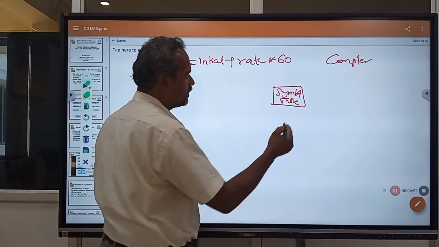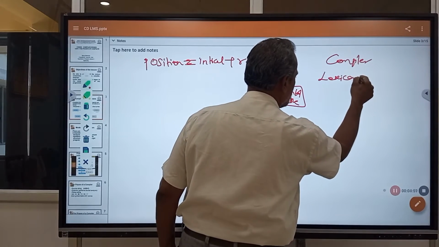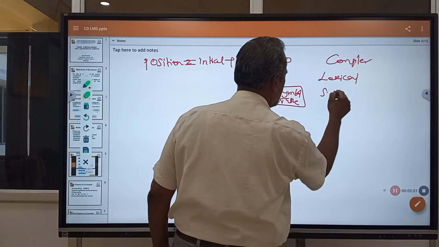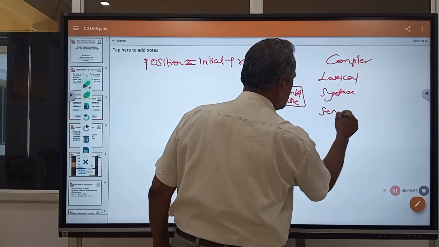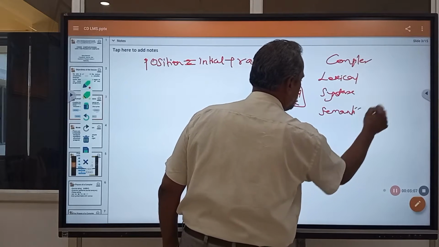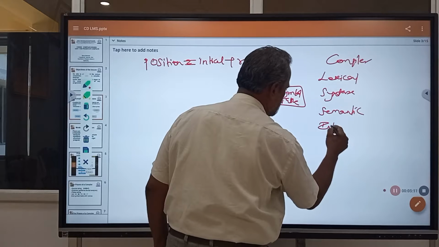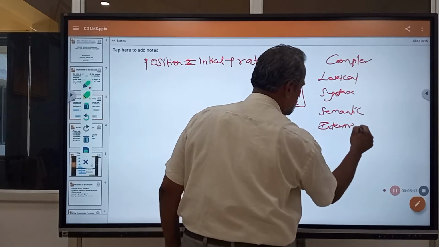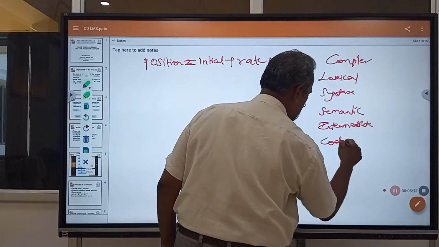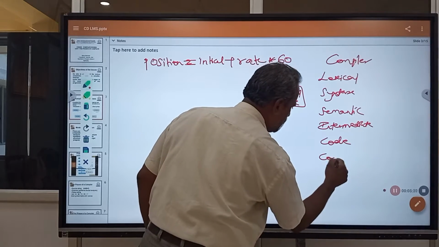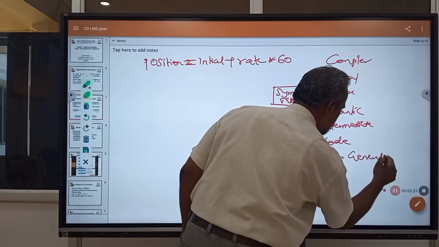Lexical Analyzer, Syntax Analyzer, Semantic Analyzer, and then intermediate code generation, code optimization, and code generation. So these are the phases of the compiler.